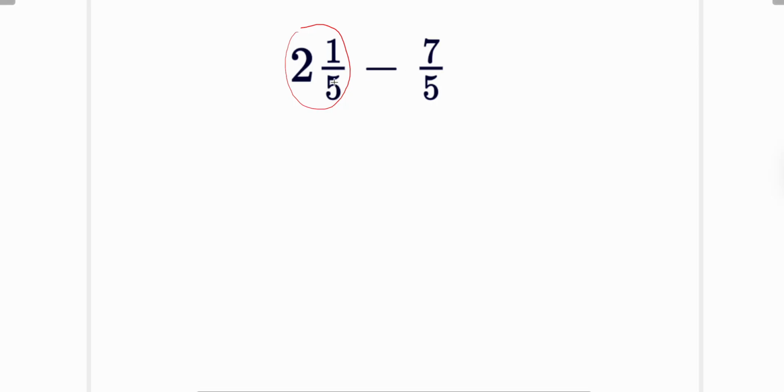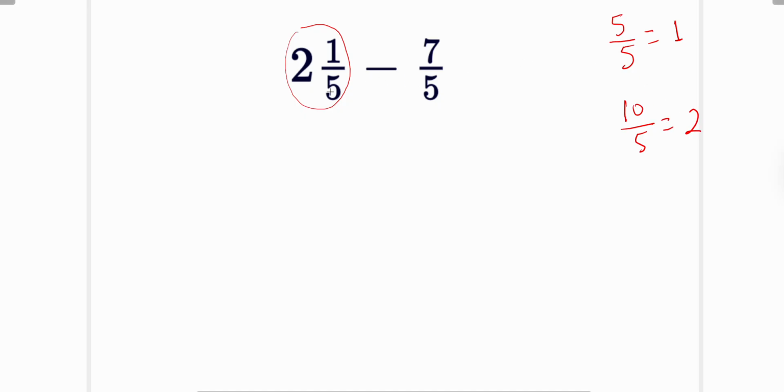Okay, so let's look at my denominator. So my denominator is 5. So we are working with fifths. Well, I know that every 5 out of 5, every 5/5, is equal to 1 whole. So if I have 10/5, that will be equal to 2 wholes.